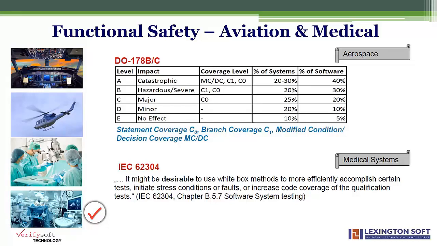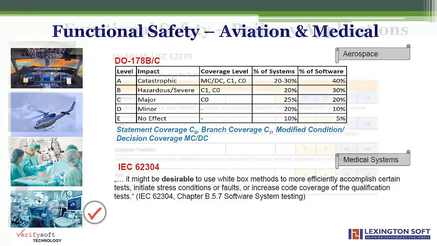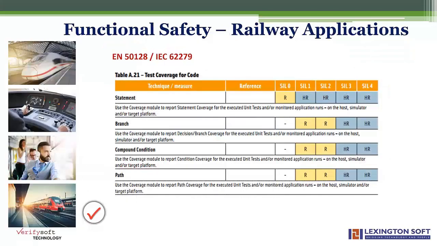The other safety critical standards would be the IEC 62304, which is applicable to the medical device industry. And then lastly, we have the functional safety for railway applications, which is the EN 50128. Again, here you've got different safety integrity levels 0 to level 4.